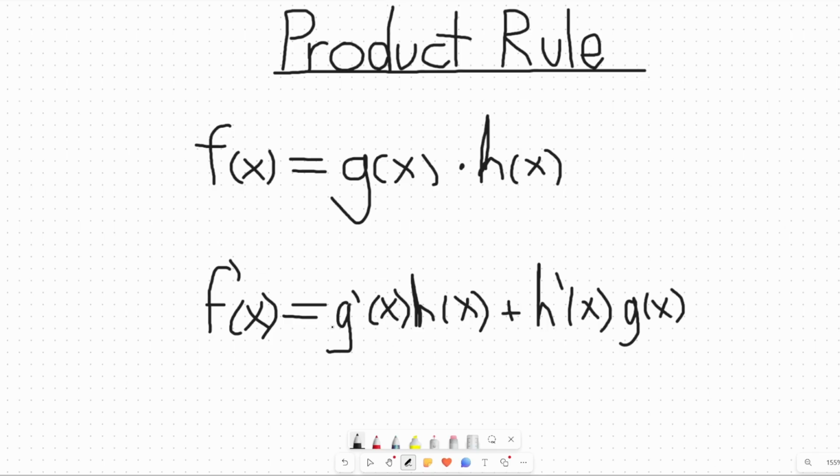It's a little different than the sum and difference rule, where you just keep each term separate and differentiate. Here it actually changes the entire equation.